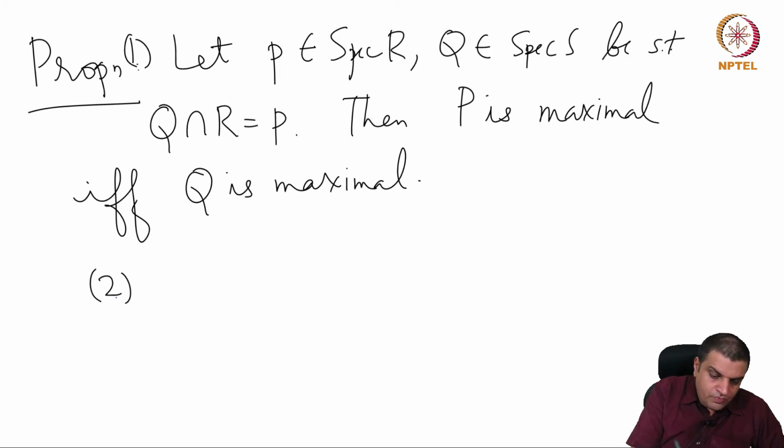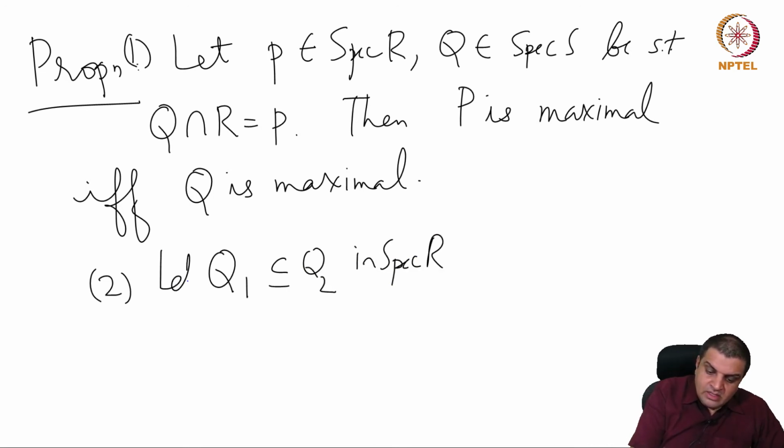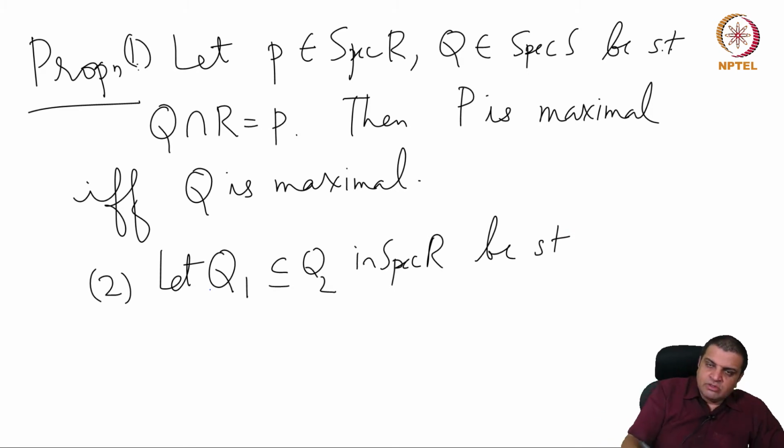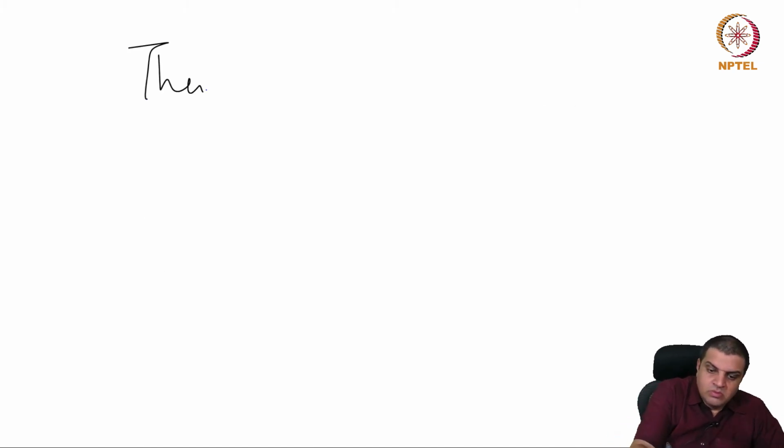Two, suppose we have Q1 inside Q2 in spec S such that they contract to the same prime ideal below: Q1 intersect R equals Q2 intersect R. Then Q1 equals Q2.